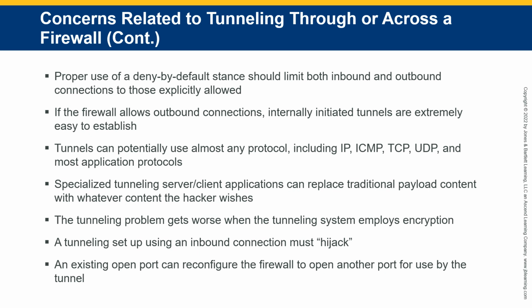Now, the tunneling problem gets worse when there's encryption, so you can't see the contents of what's going through. A lot of times, HTTPS traffic is utilized for tunneling nowadays because we don't really have a firewall that can do that inspection of it.